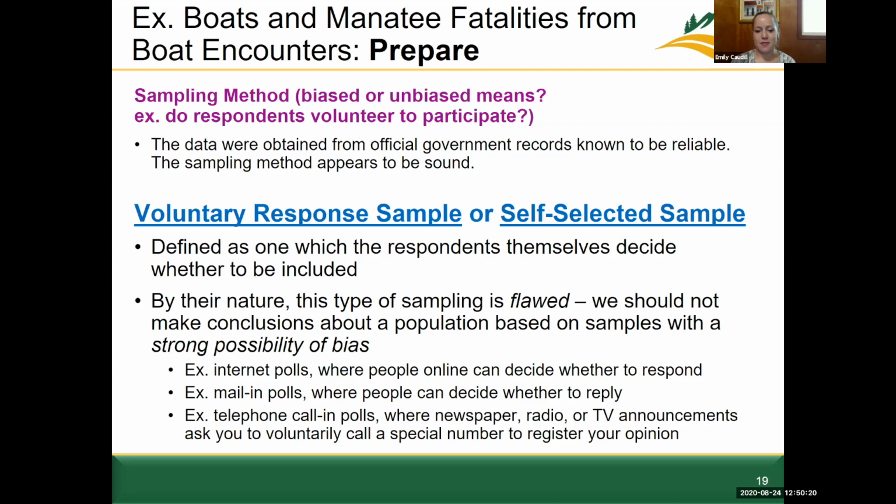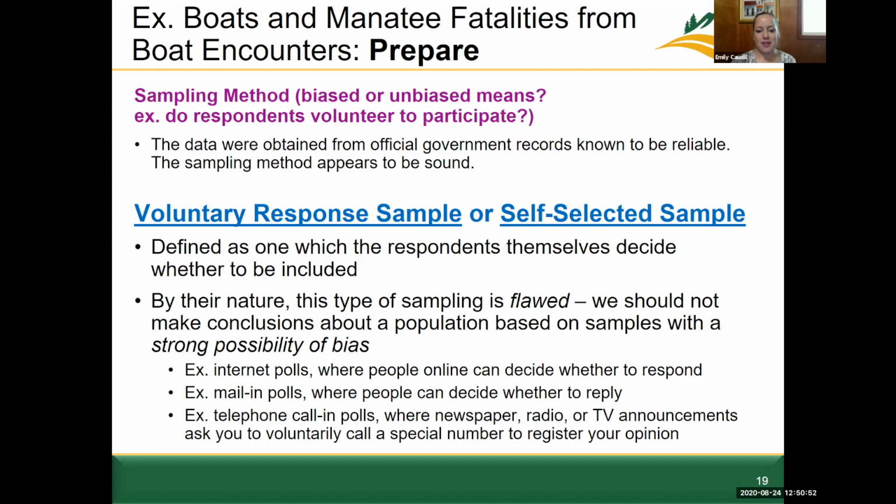If there's that flexibility or that freedom, then it's an example of a biased sampling method. Mail-in polls are also an example of something that is biased, where people can decide whether to reply or not. It's not taking data points from your whole population or even an accurate small sample of a population, because I can decide whether or not I even want to send in my response.